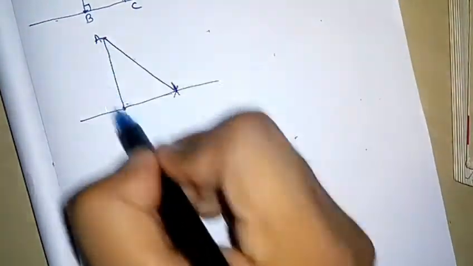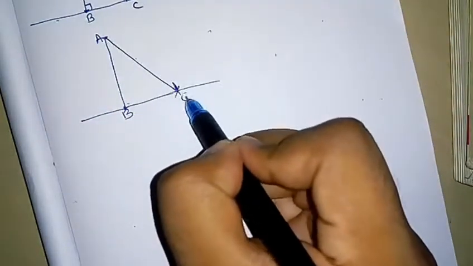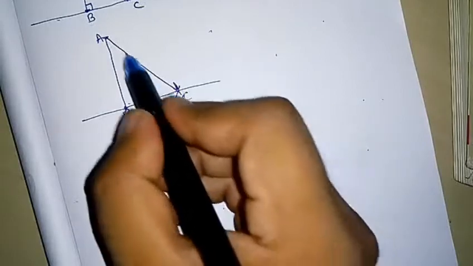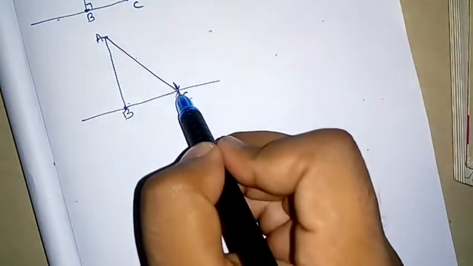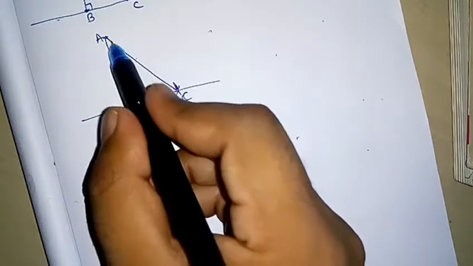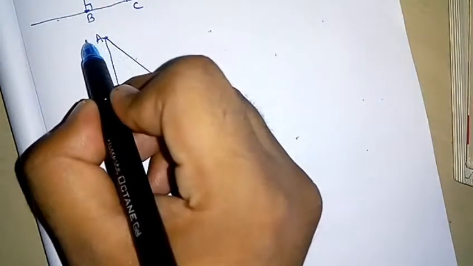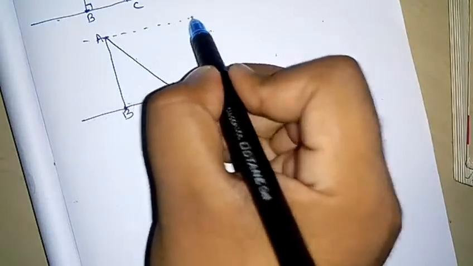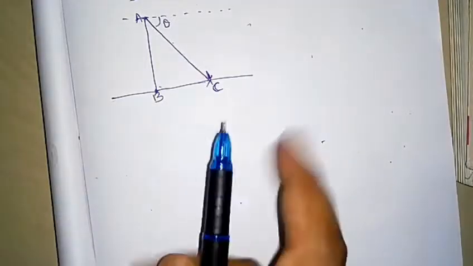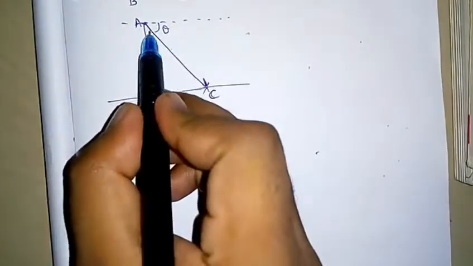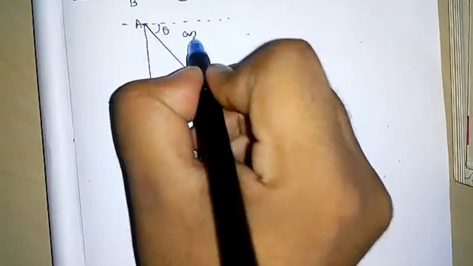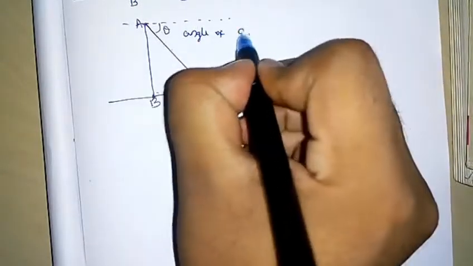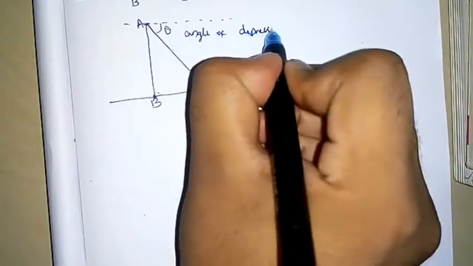Let this point be A, this be B and this be C. Now this is the line of sight because you are viewing from the top of a building towards the bottom of this borewell, and let the angle made with the horizontal be theta. The angle made by the line of sight with the top horizontal is called the angle of depression.